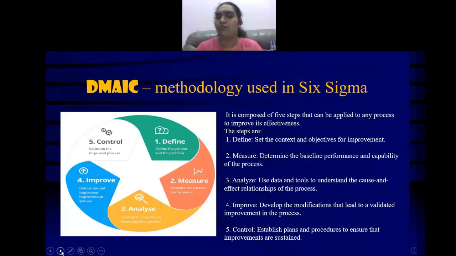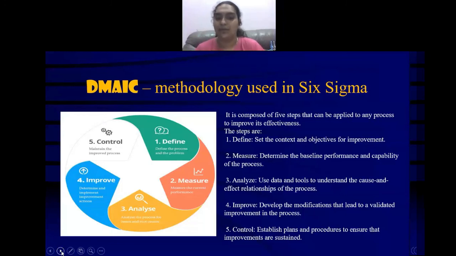All these five steps have their own definitions. We look at the definition for define: set the context and objective for an improvement. The second one, measure, stands for determining the baseline performance and capability of the process.